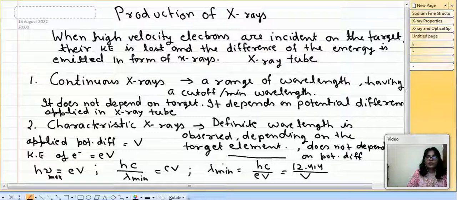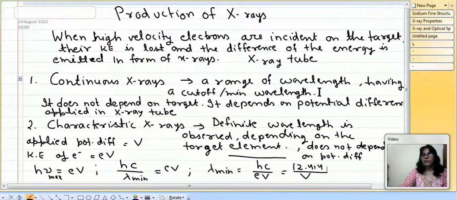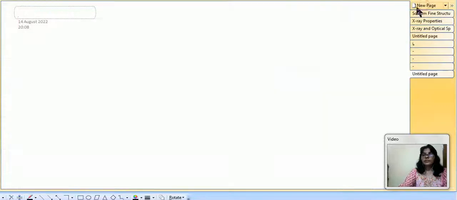So this is the expression for the minimum value of lambda. So in the continuous X-ray spectrum, a cutoff lambda is seen for all the voltage.